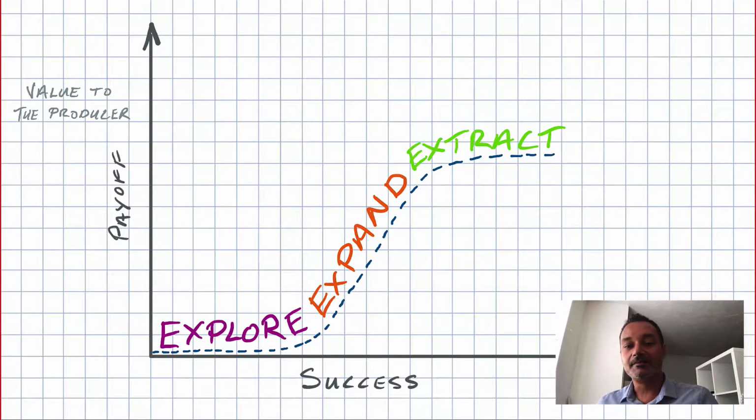And as the payoff levels out, maybe it's still getting more and more successful, but the payoff levels out. That's when you're really looking at extracting. And then again, because it's not a timeline, success is not infinite. It might stop at this point here, in which case the growth in both success and payoff essentially stops.